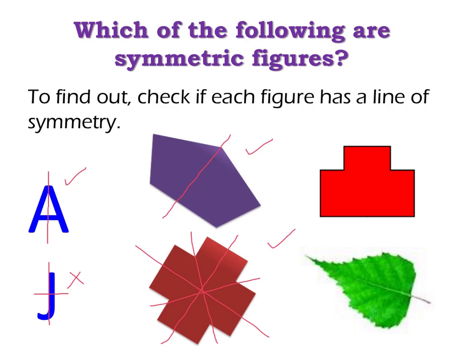So this is a symmetric figure. For this, I can do this and it will fold in half exactly. So this is a symmetric figure. And the last one, the leaf. Is this a symmetric figure? Yes it is. If I go down the middle like that, this is a symmetric figure. So the A, this, and this are all symmetric figures, except for the J.